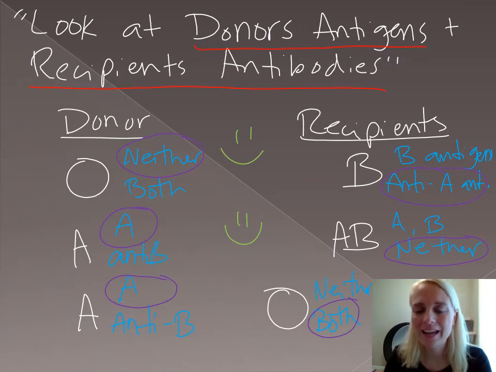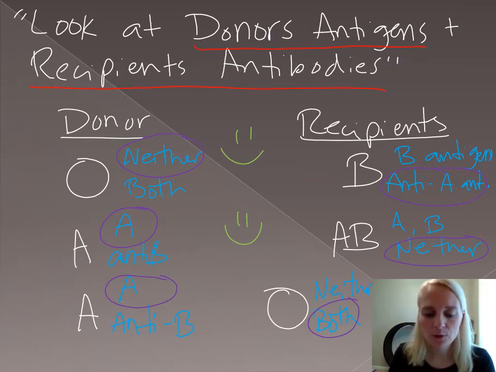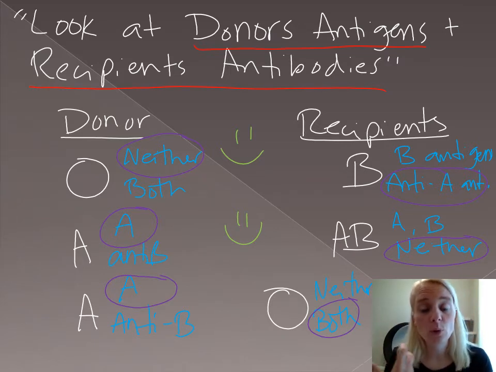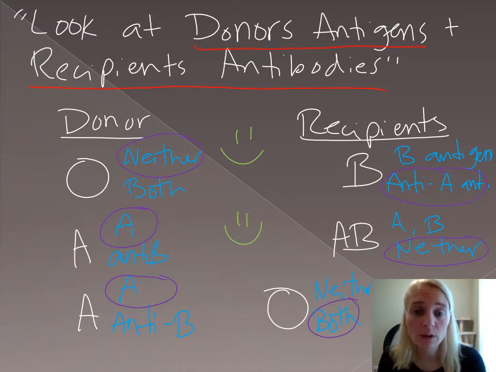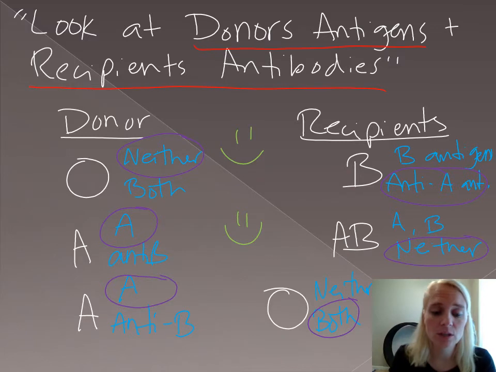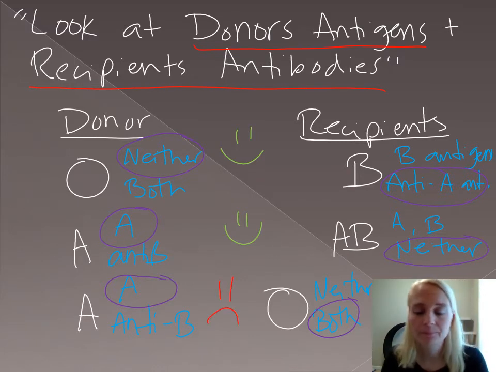They have both anti-A and anti-B. So if you are a blood type O, you can recognize both A and B blood, and somebody dumps in a whole unit of blood that is full of A antigens, there's going to be a problem. So A blood cannot give to O blood, but O blood can give to pretty much anybody.